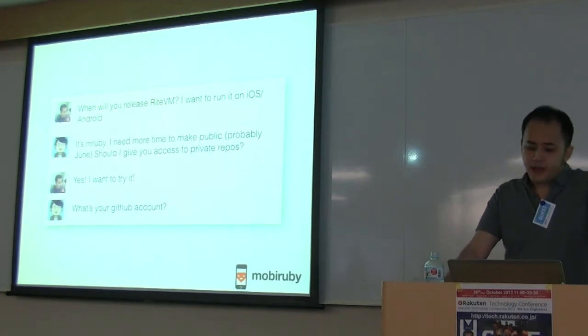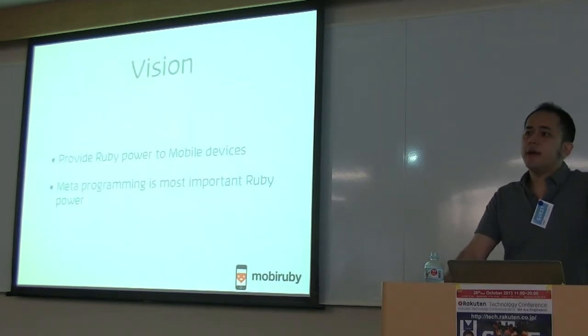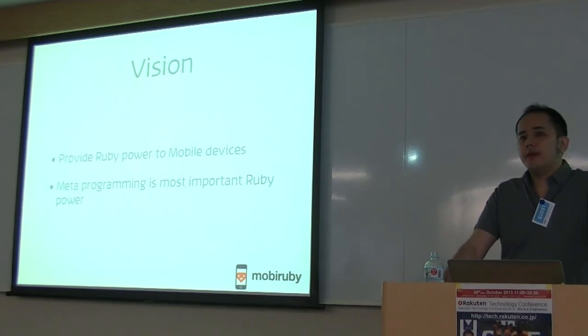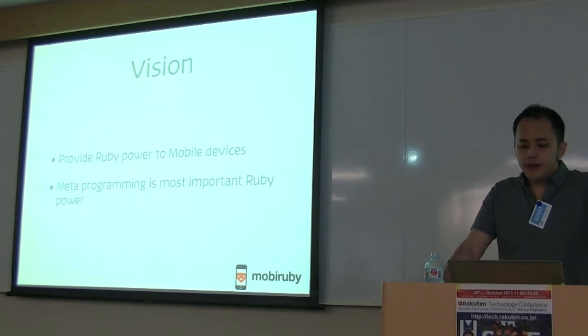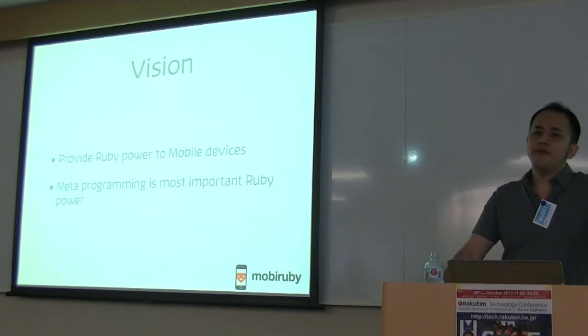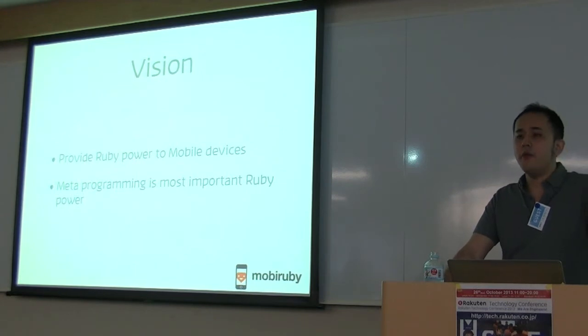In March 2012, I got access to the MobiRuby private repositories before Max released it to the public, and so I started trying to run MobiRuby on the iPhone. MobiRuby provides Ruby power to mobile devices, especially the mobile phone. I have a vision for MobiRuby.